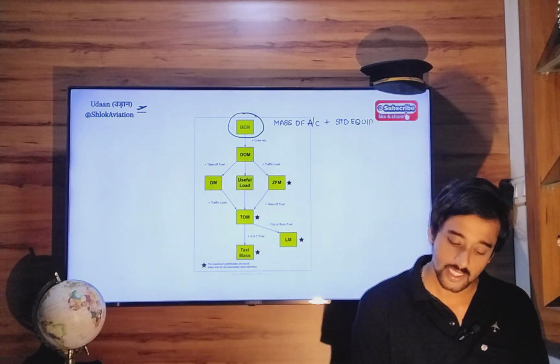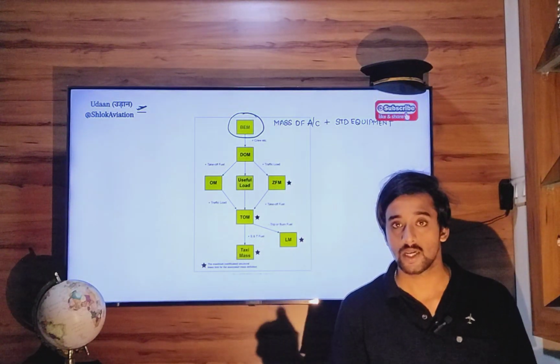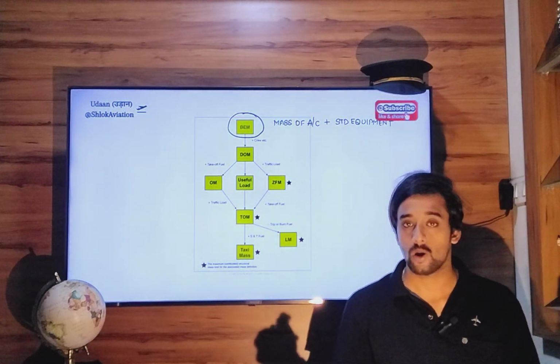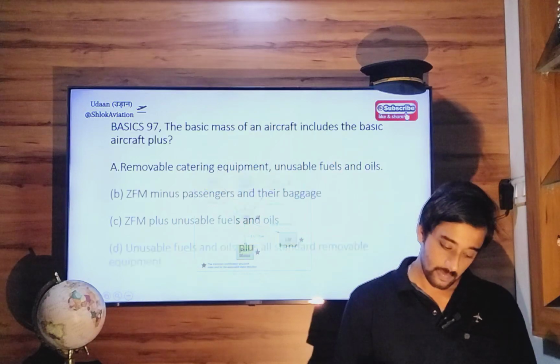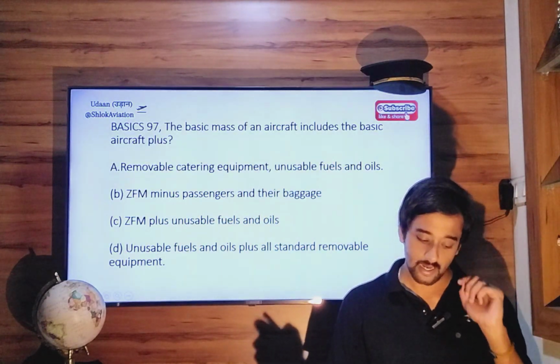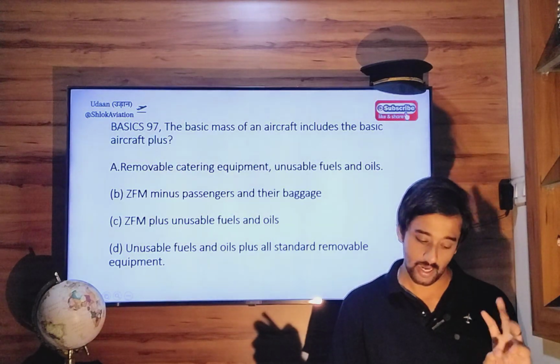Now, the standard equipment means unusable fuel, unusable fluids, emergency equipment, all that, or any supplementary electronic equipment. So, the basic mass of aircraft includes aircraft plus removable catering equipment, unusable fuel and oils.